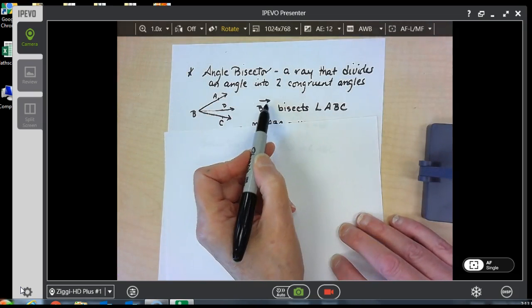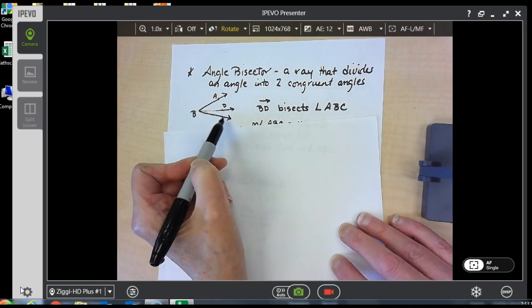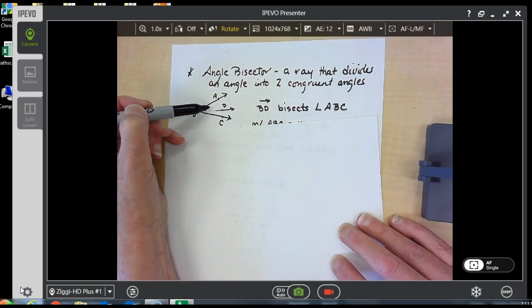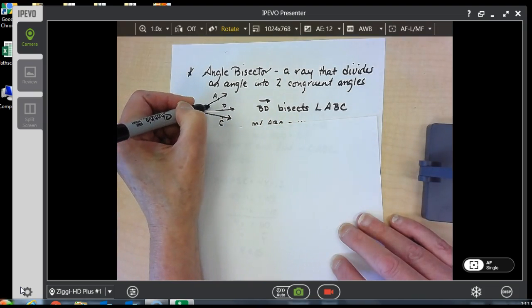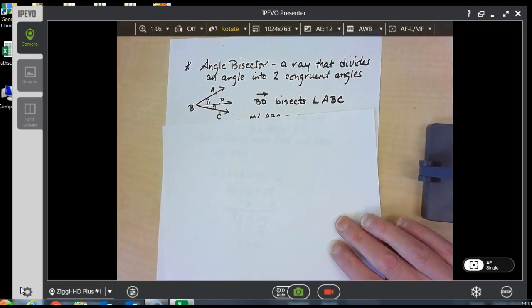So if ray BD bisects angle ABC, so here's ABC, there's ray BD, and again, it doesn't have to look exactly right, but if it tells you that it bisects, you know that this angle here is congruent to this angle here. And you can mark it in your drawing.